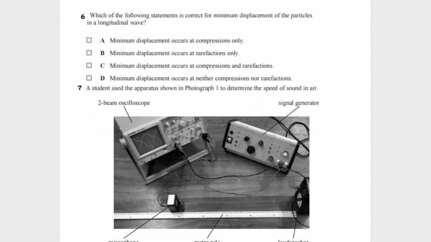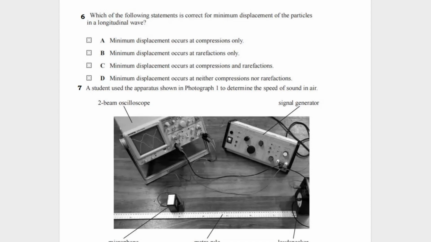Then question number 6. Which of the following statements is correct for minimum displacement of the particles in a longitudinal wave? You can find out this answer by studying this longitudinal wave graph. You could find out from my previous video.